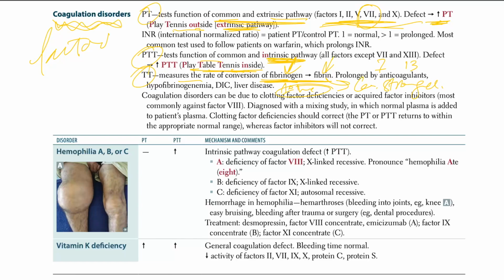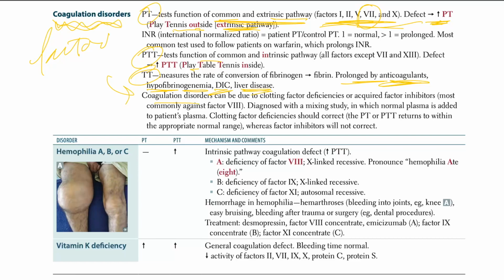If you don't know what I'm talking about, please look at the physiology of it. This TT is prolonged by anticoagulants, fibrinogenemias, DIC, and liver disease.